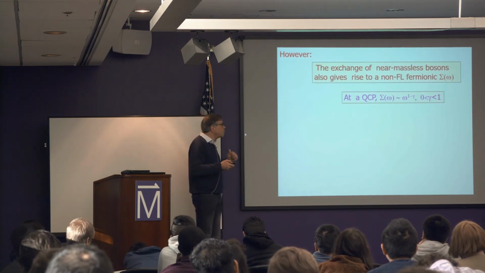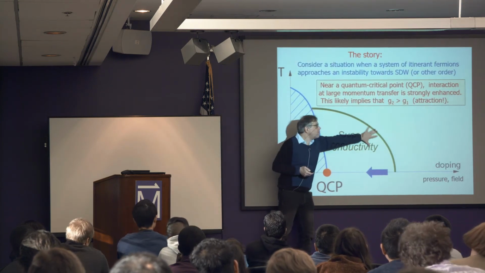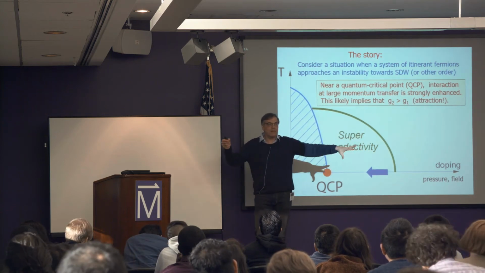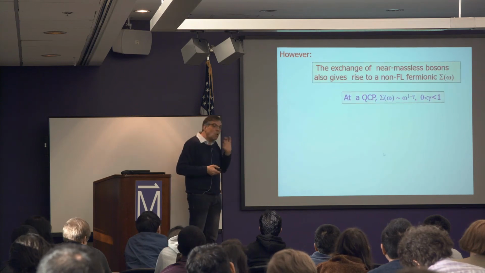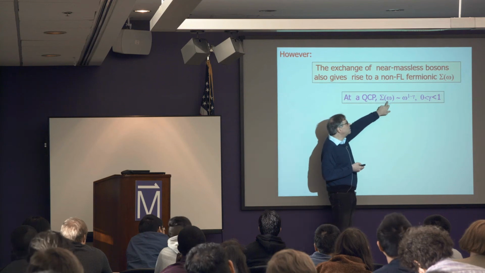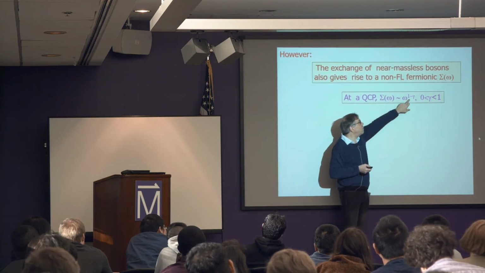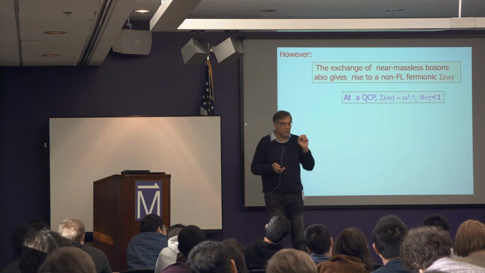And it turns out that you approach exactly the same point, this one, and if you just separate between particle-particle and particle-hole channels, you will find that the self-energy, which is the particle-hole self-energy, becomes singular. The fact that at the critical point you have a self-energy with power smaller than 1 is the canonical definition of non-Fermi liquid.